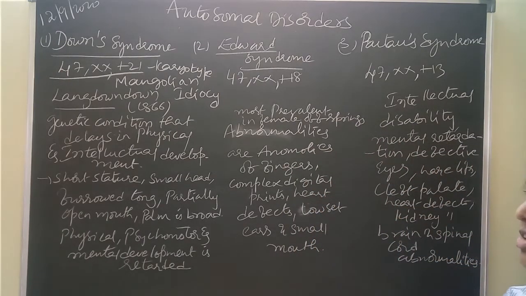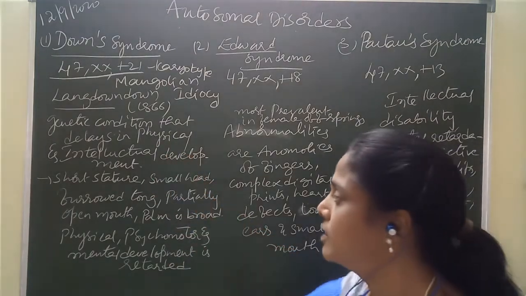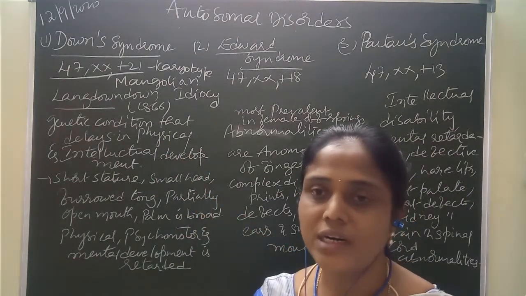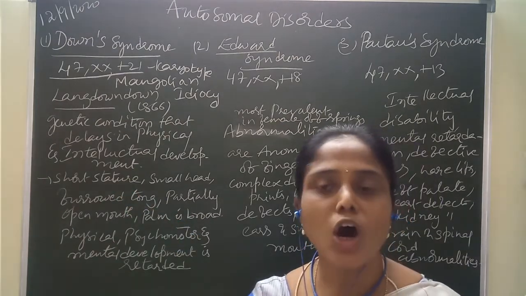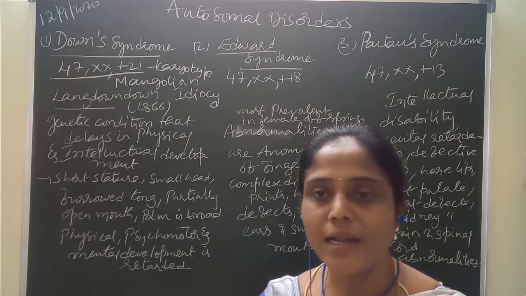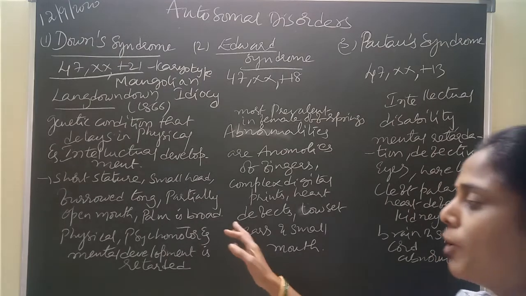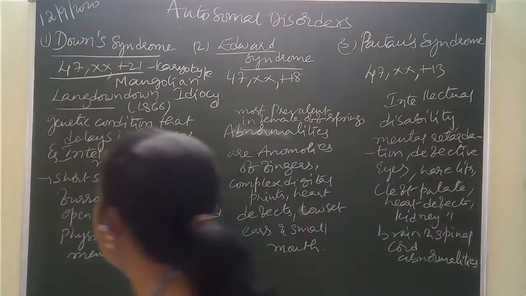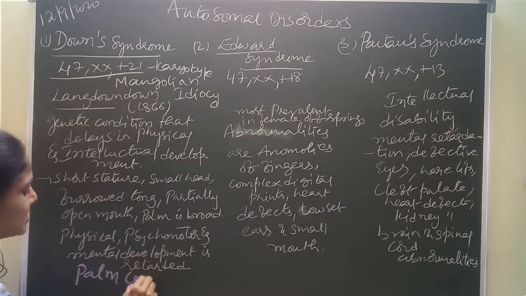It is a genetic condition that delays physical and intellectual development. The symptoms include short stature, small round head, furrowed tongue, partially opened mouth, and a broad palm, and sometimes a palm crease is also seen.